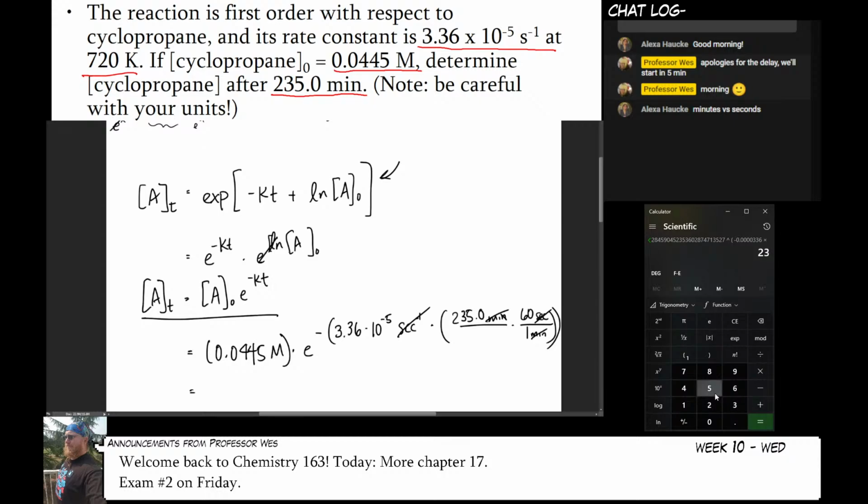Times 235 times 60. So that's my e to all of that. I get 0.62. And then I'm going to times that by 0.0445. So after 235 minutes, my concentration would be 0.0277.